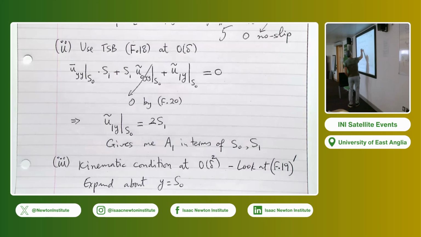Now, this term is 0, because we found it was just linear in Y. So every time you have a 0 shear condition, you get this streaming type term. So that bit is 0. So is that. No, that is probably not 0.